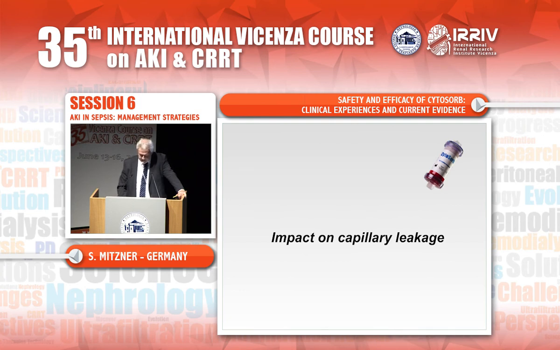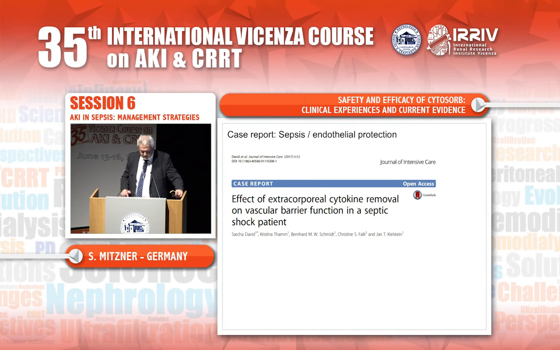One interesting, intriguing idea on how this might help, among others with the hemodynamics, is this work that focused on the integrity of the vascular endothelial wall. And we just heard about the importance of endothelial integrity in the last lecture.